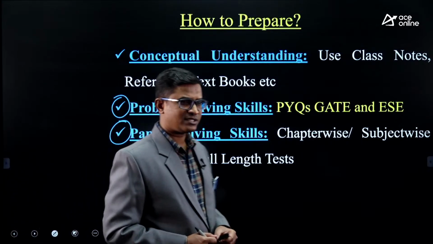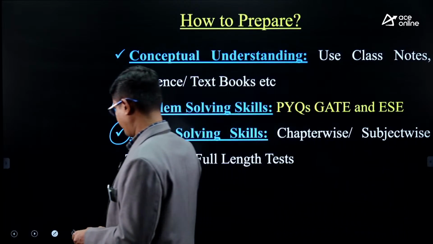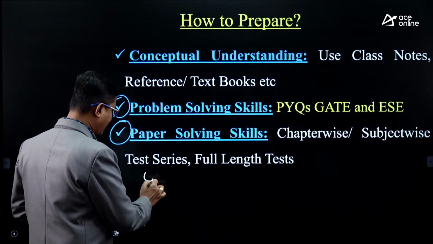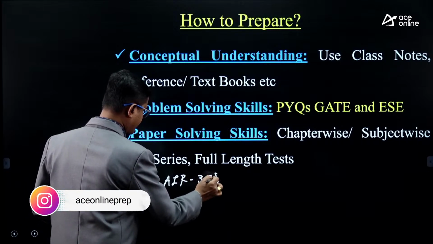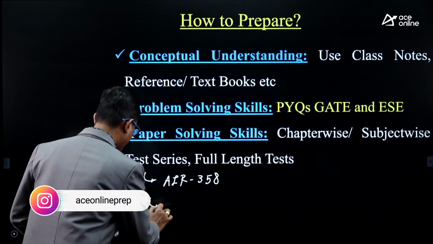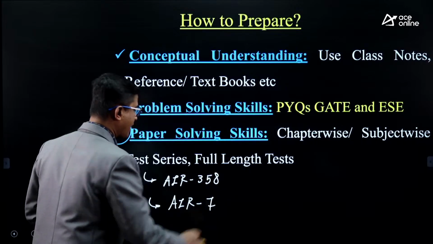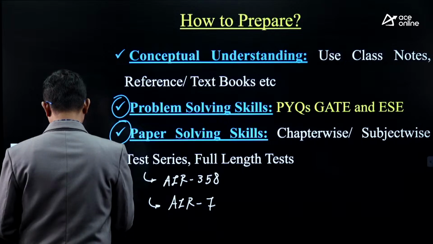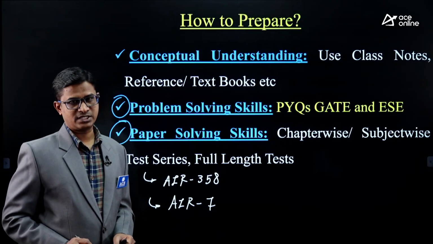Based on my experience, I will tell you, when I was in the final year of BTech, I secured rank 358. After that I took 1 year gap and I secured AIR 7. Now, if you ask me, in these two ranks, what is the difference?